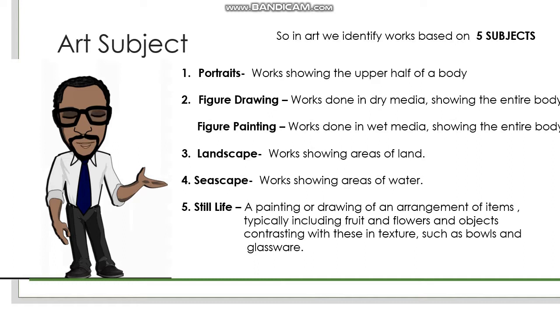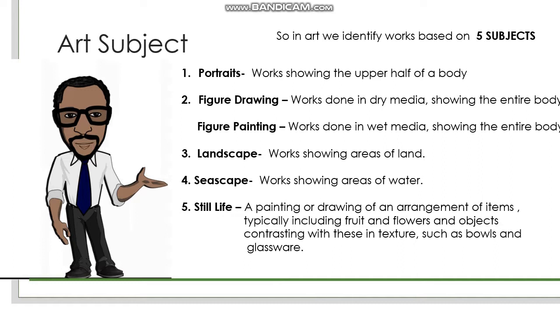1. Portraits. These are works showing the upper half of a body. 2. We have figure drawing, works done in dry media showing the entire body. And we have figure painting, works done in wet media showing the entire body. 3. We have landscapes, works showing areas of land. 4.